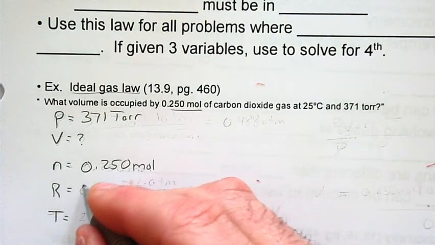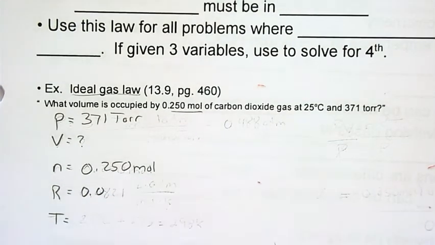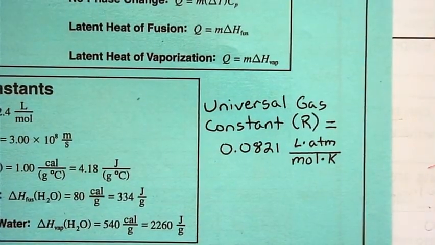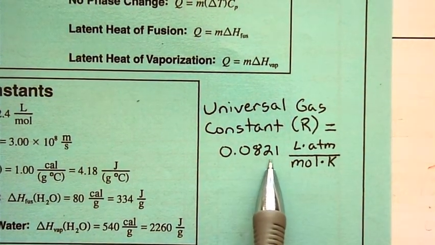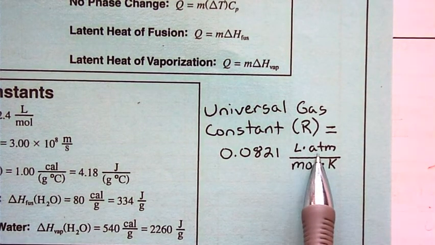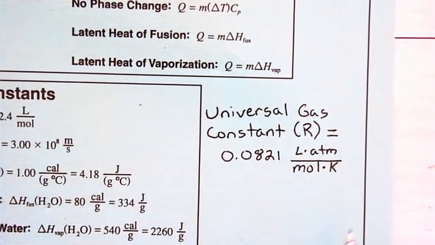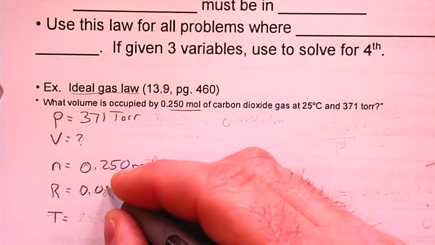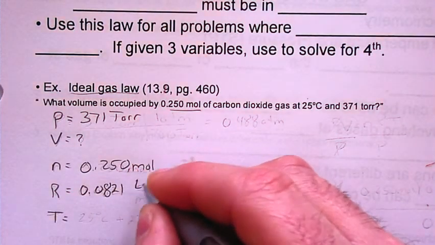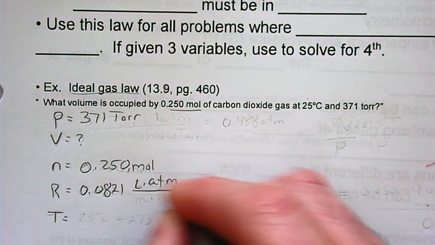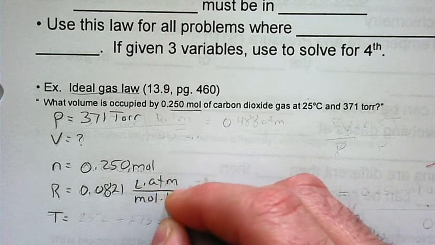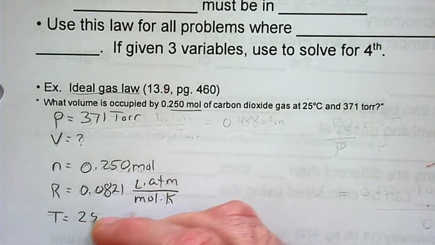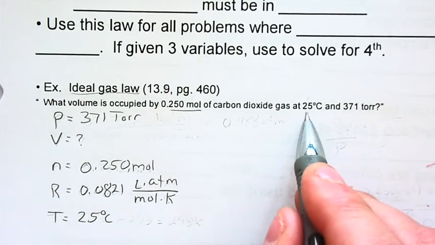R is the universal gas constant, which, according to my sheet, is 0.0821 liter atmospheres per mole kelvins. And then temperature is 25 degrees Celsius.